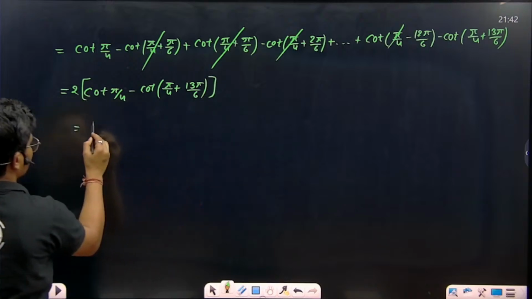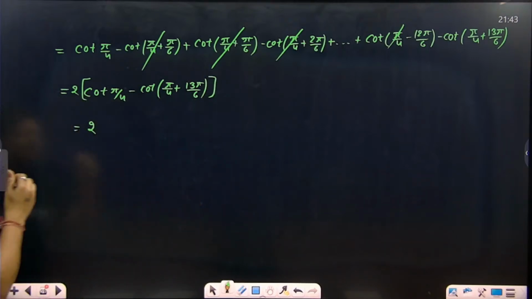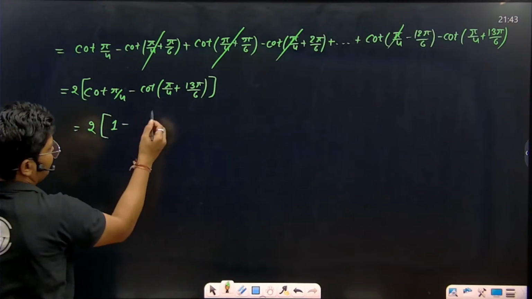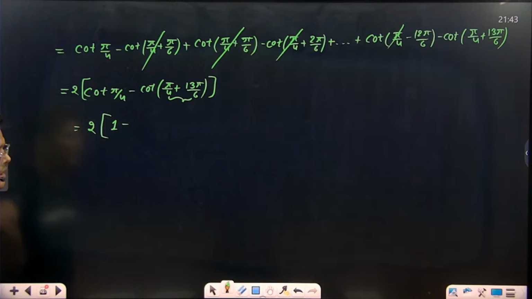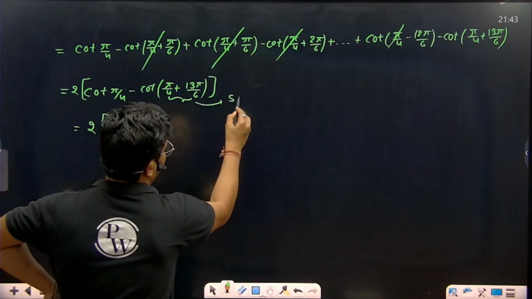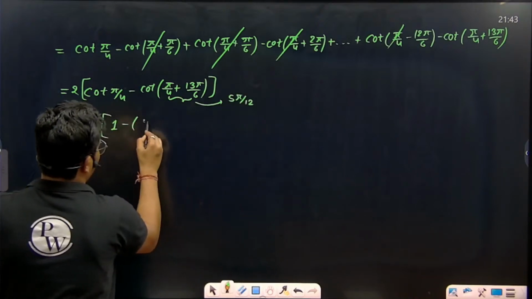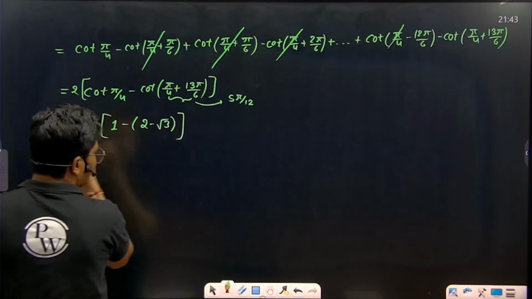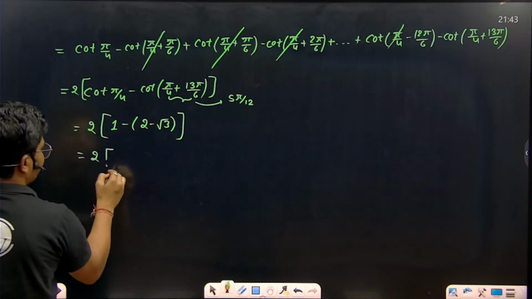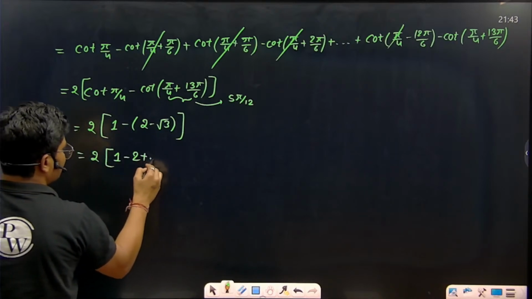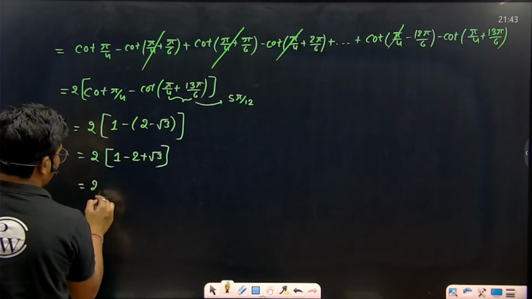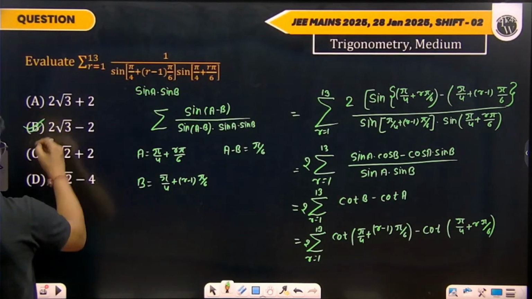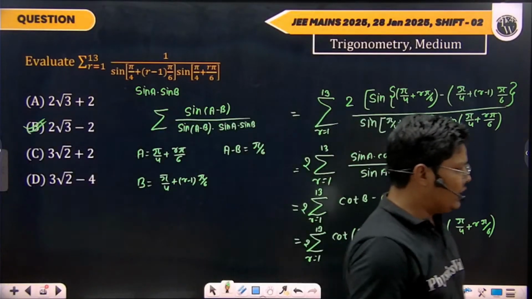So now we have cot pi by 4 as 1 minus, and the value of this angle will become 5 pi by 12, and the value of cot 5 pi by 12 will be 2 minus root 3. So if I simplify this, 1 minus 2 plus root 3, so this will be 2 root 3 minus 2. So option B will be the correct answer. I hope it is clear.